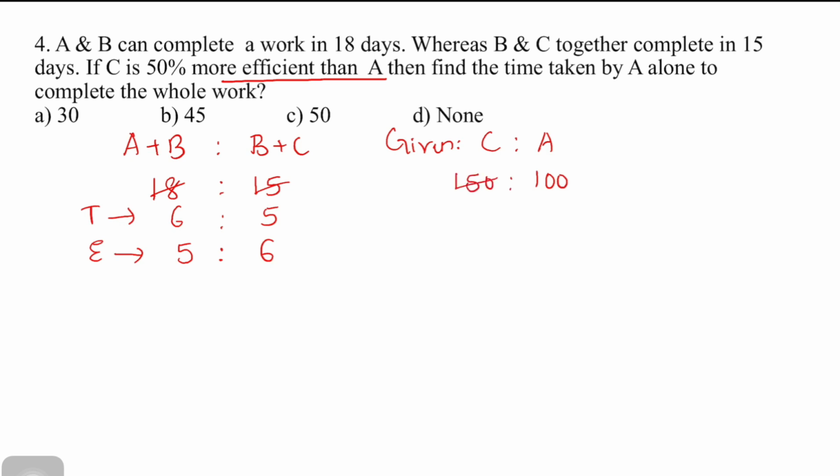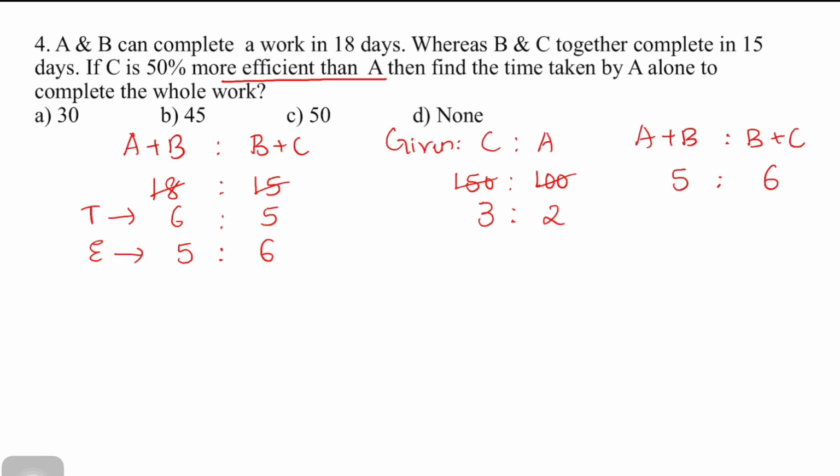So it is 100 to 150, which is 2:3. And we know A plus B is to B plus C in efficiency: A plus B is 5 and B plus C is 6.